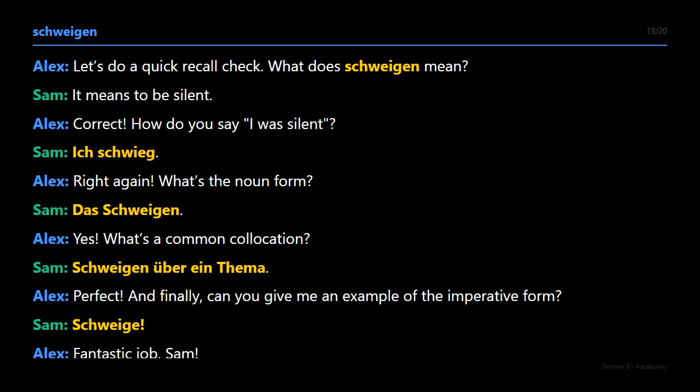What's the noun form? Das Schweigen. Yes. What's a common collocation? Schweigen über ein Thema. Perfect. And finally, can you give me an example of the imperative form? Schweige.